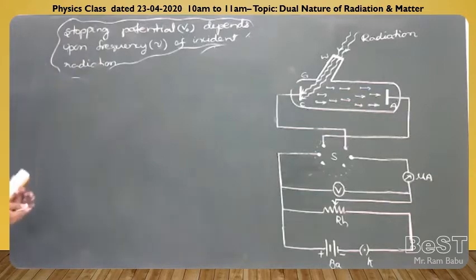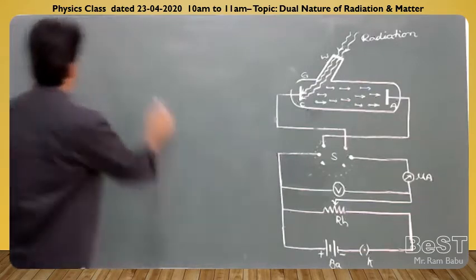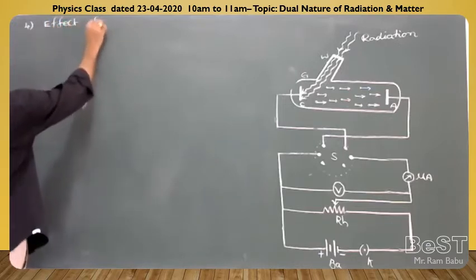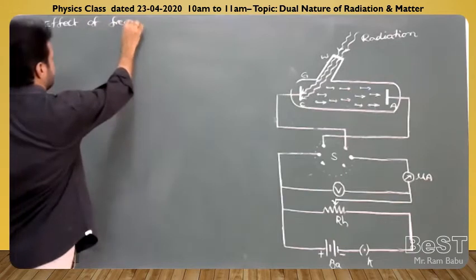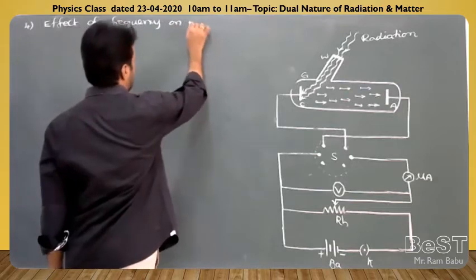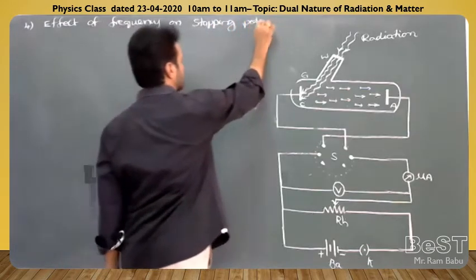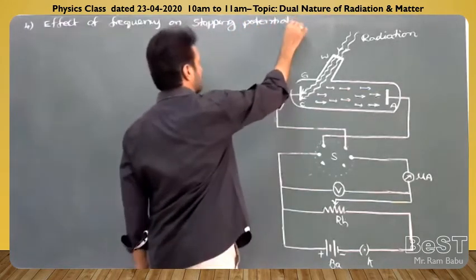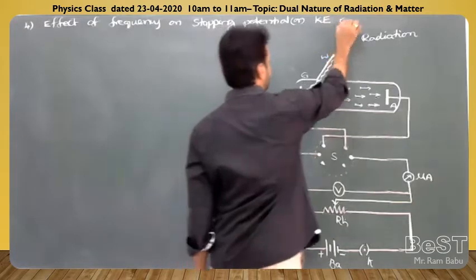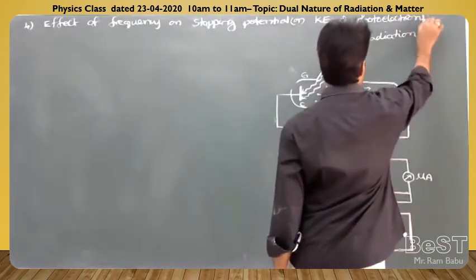I think this point should also be noted. So for the fourth observation, we will write: effect of frequency of incident radiation on stopping potential or maximum KE of photoelectrons.